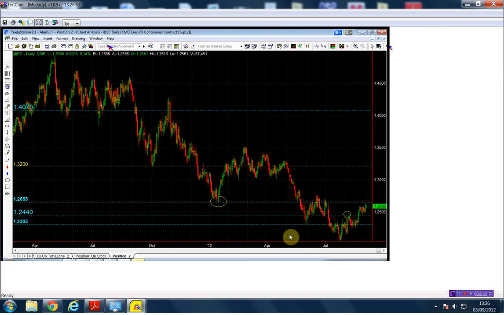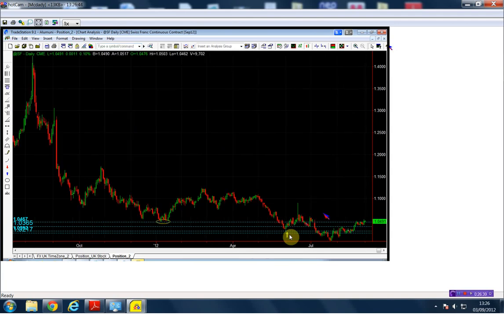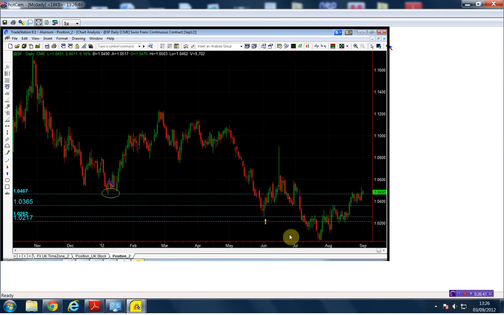If you look now at the Swiss franc, you can see that if this is similar to the 126.55 on the euro, we have pushed above it in the Swiss.